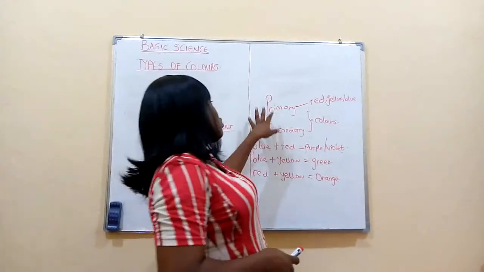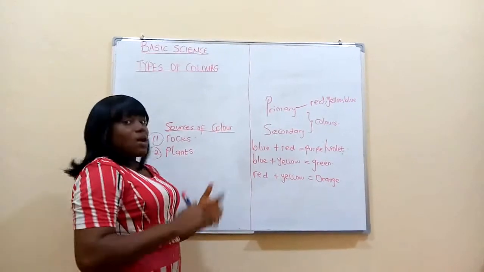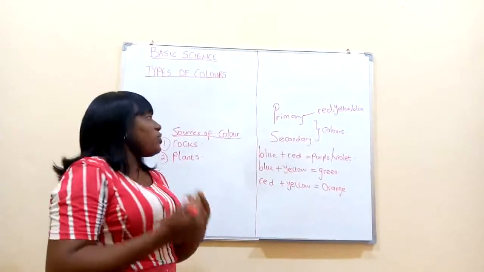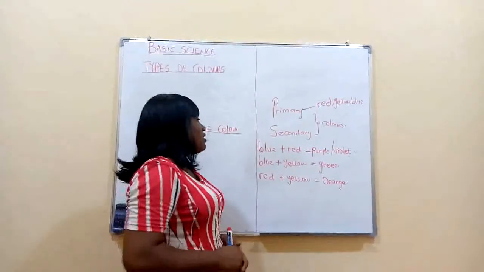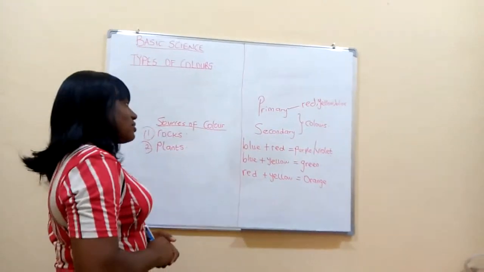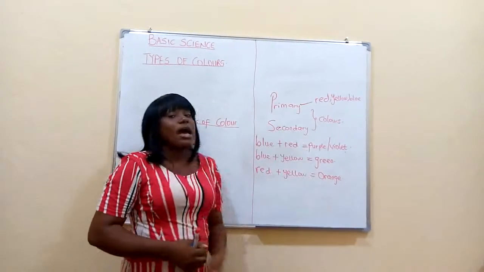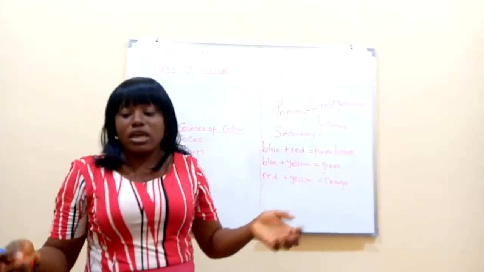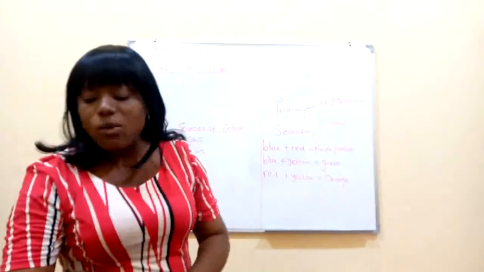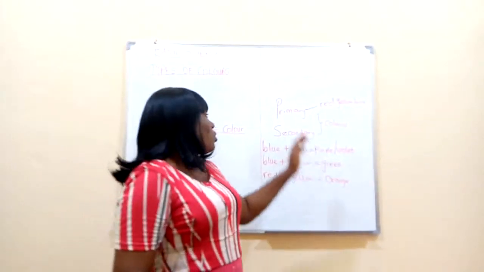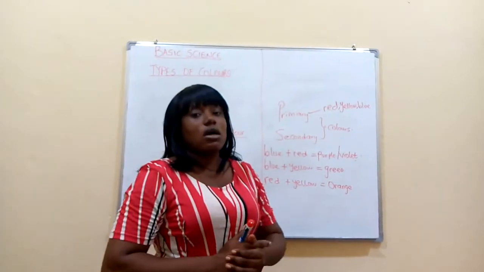Well, let's go over to what we have done. We looked at types of colors today, and we were taught by Miss JP that we have two types of colors, namely the primary colors and the secondary colors. The primary colors are three: red, blue, and yellow. I showed us, using our poster colors, the three primary colors. And those secondary colors are gotten from a mixture of the primary colors.